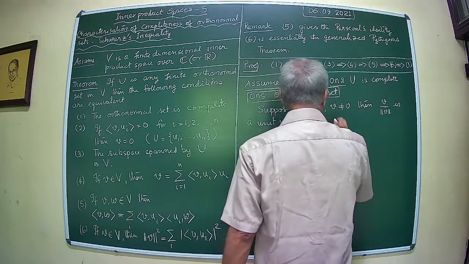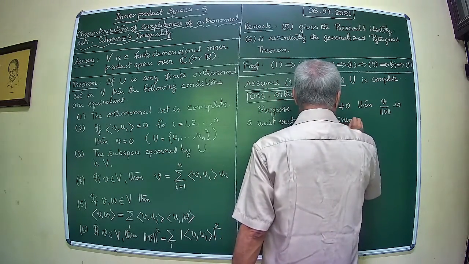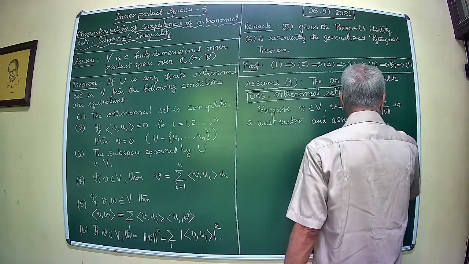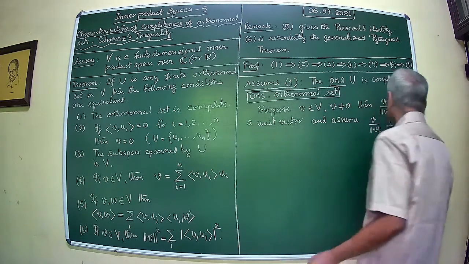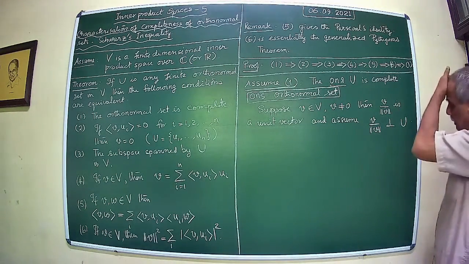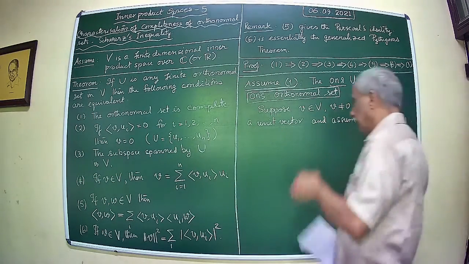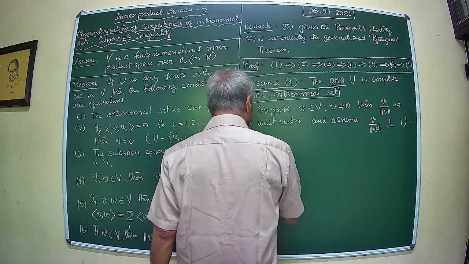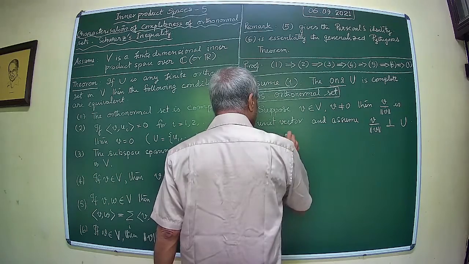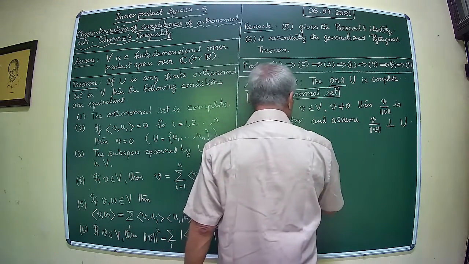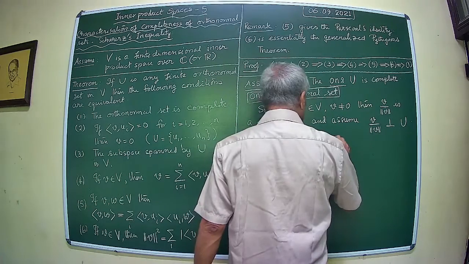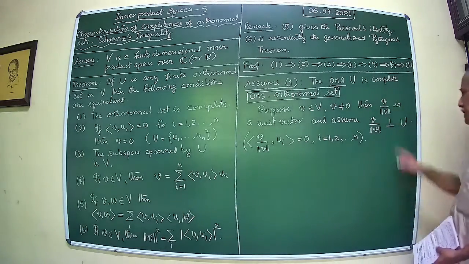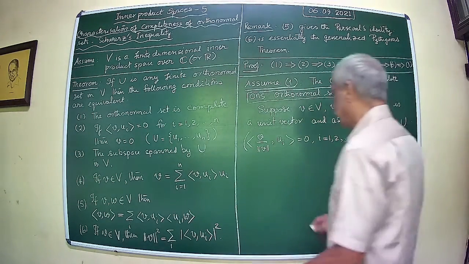And assume it is orthogonal to U. That means the inner product of V by norm V with Ui is equal to 0. Now you take this vector. Now consider the set.